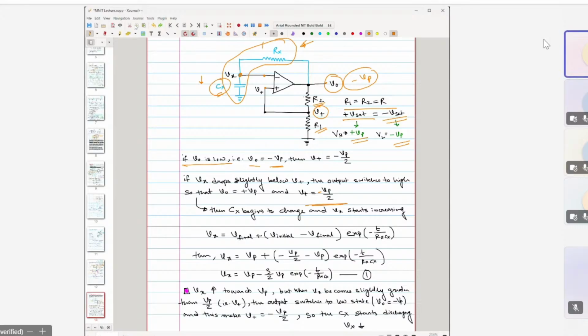Because of this, Cx begins to charge and this Vx would start rising.